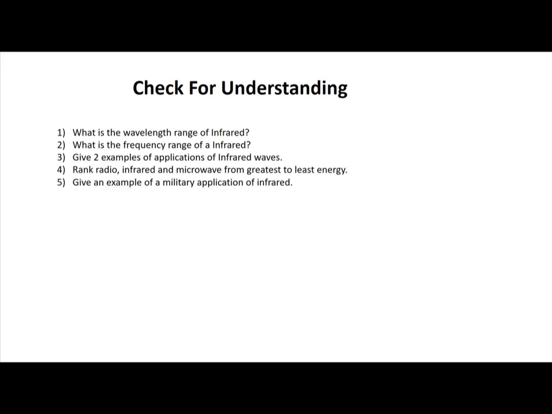And then it says, give 2 examples of applications of infrared. So you have to give 2 examples. And then it says you should rank radio, infrared, and microwave from greatest to least energy. So rank them from the highest energy to the least energy. And then give an example of a military application of infrared.